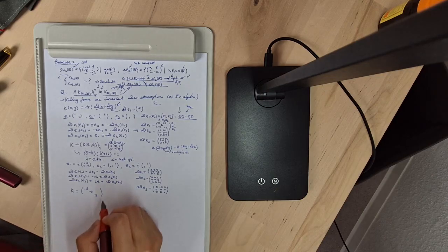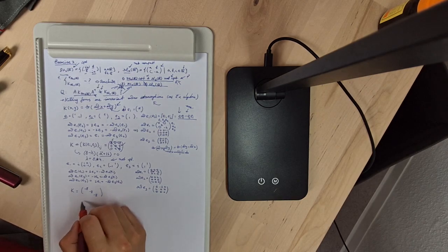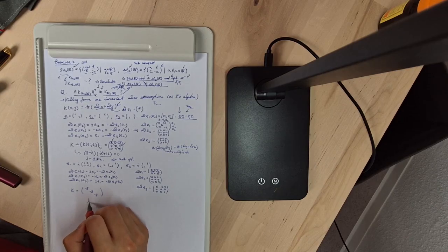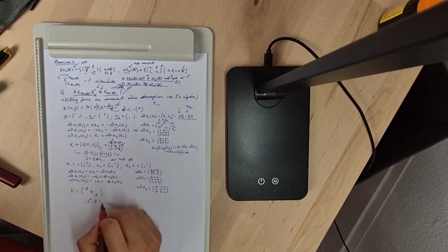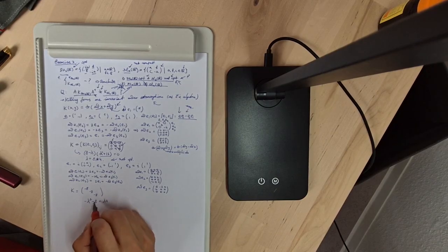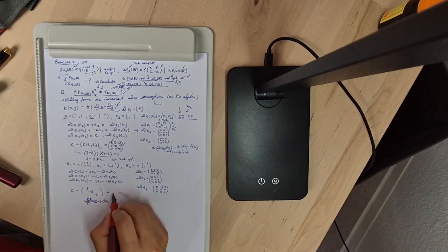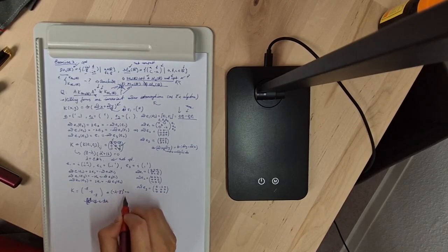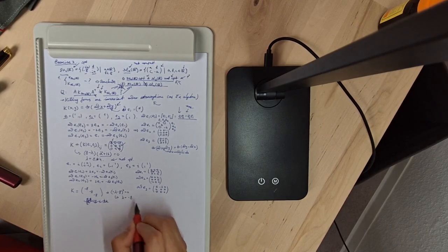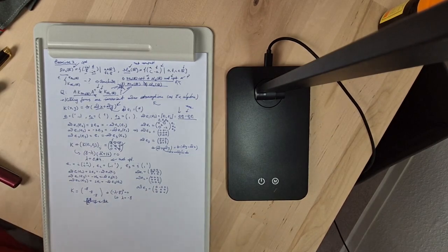Oh no, I didn't mess up, because the characteristic polynomial will be a cube, which is just, oh no, not this one. We get this one cubed to be equal to 0 to find the eigenvalues, which means that lambda is minus 8 with multiplicity of 3.